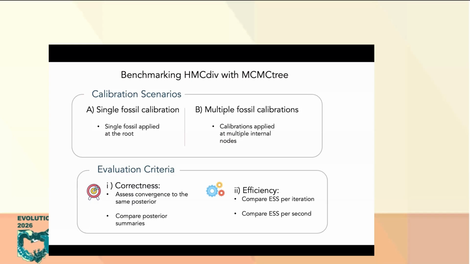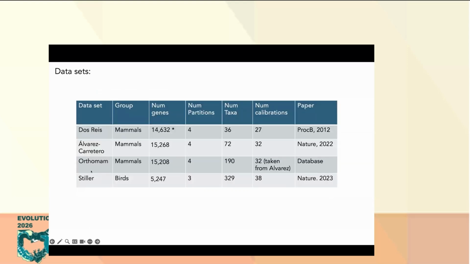We evaluated based on correctness, ensuring the two software converged on the same values, and efficiency, comparing the ESS values per iteration. These are the data sets that I used: 4 genomic data sets of different sizes, with different partitions and different numbers of taxa. We have 3 mammal groups and 1 bird group.